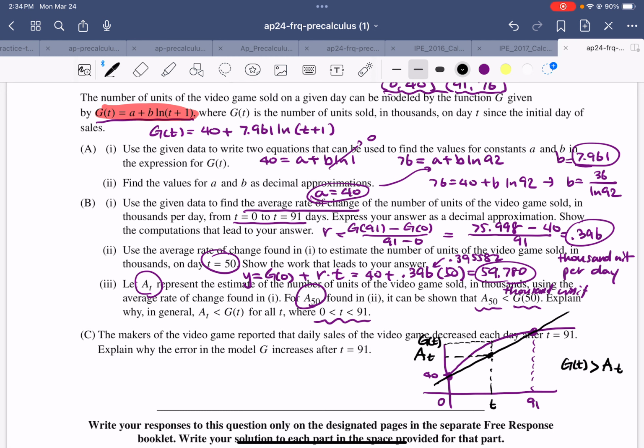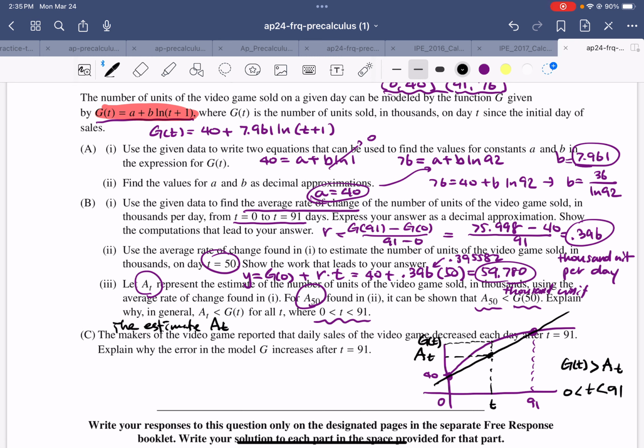As long as your t value is between 0 and 91, it shows in the graph like that. Or you can write it down as the estimate A of t. But I want you to graph it and show it, so you completely understand and can visualize your answer.